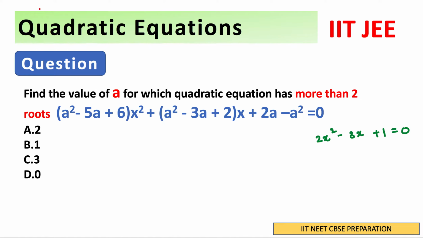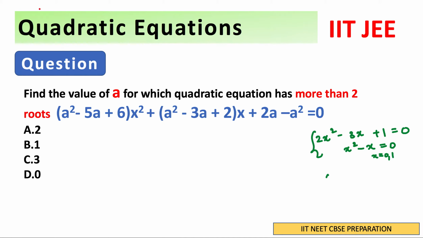Similarly, if I write x square minus x is equal to 0, this is also a quadratic equation because only two values of x are going to satisfy it, that is x is equal to 0 and x is equal to 1. So only two values are satisfying, so these are equations.